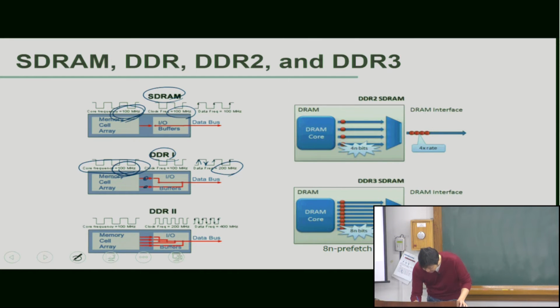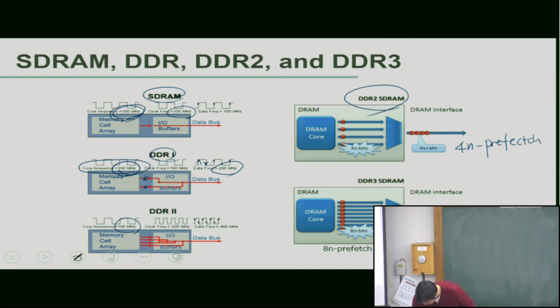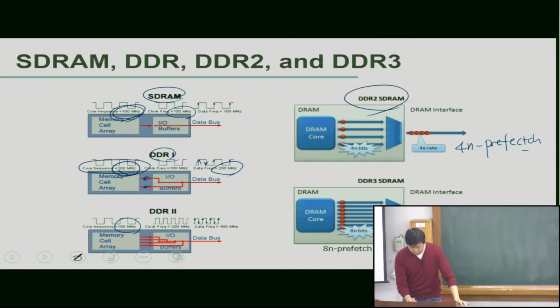And in DDR2, again, it doesn't increase the clock rate, but now it reads 4x more data than the original SDRAM. By the way, DDR2 is called a 4N prefetch architecture, because compared to the original SDRAM, it reads 4x more bits to feed the output pins.